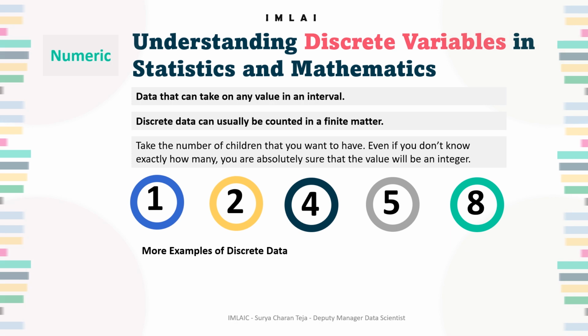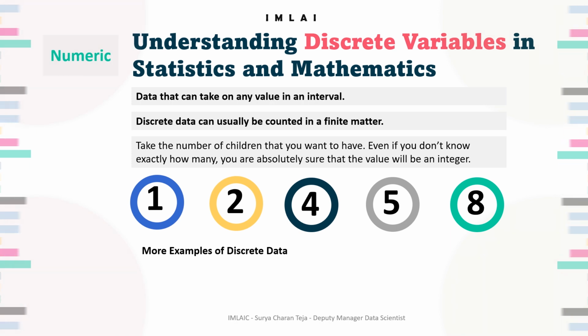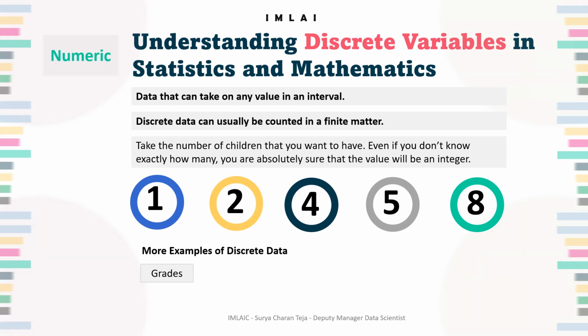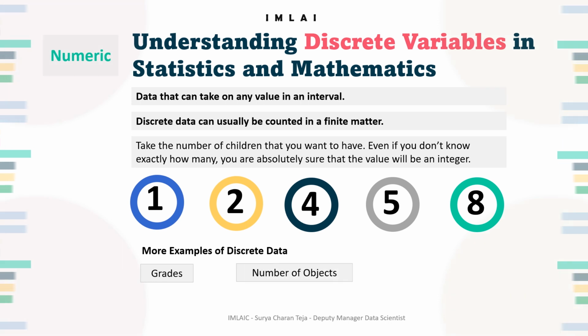It could be a B, a C, a D, E, F, or even the percentage between 0 to 100; at the end of the day, what you get is discrete. Then the number of objects in general, no matter if bottles, glasses, tables, or cars, can only take integer values.